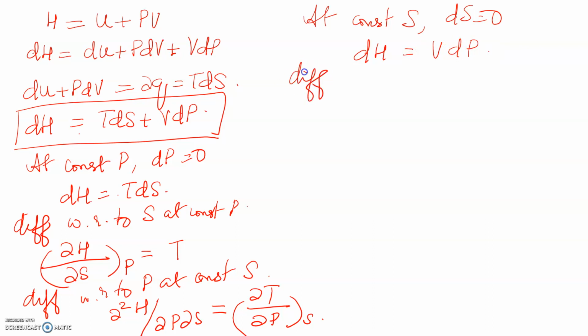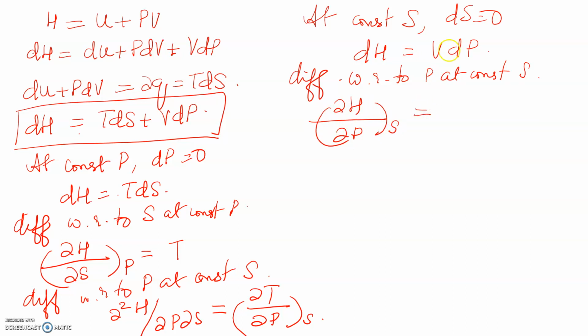Differentiating with respect to P at constant S, what do you get? ∂H/∂P at constant S is equal to ∂V/∂P at constant S. So what do we do now?